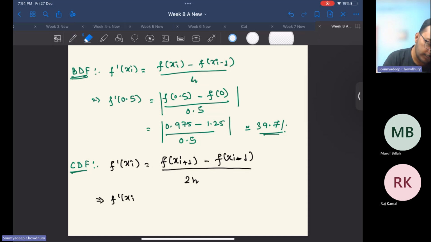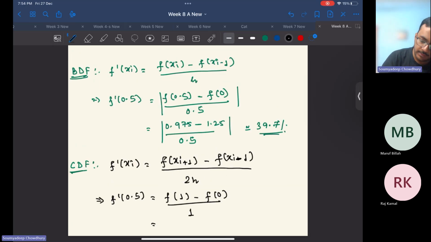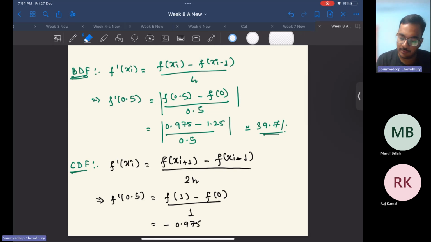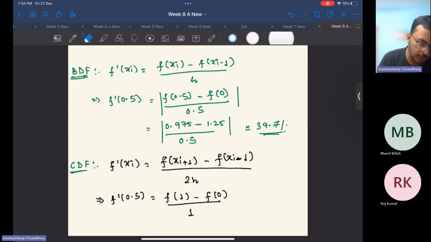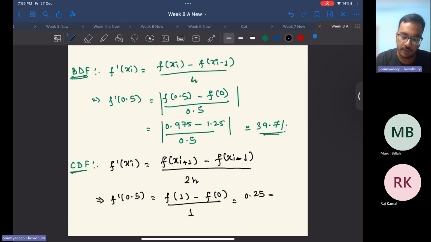So your f dash of 0.5 is f of 1 minus f of 0 upon 2 into 0.5, which is 1. f of 1 is 0.25 minus f of 0, that is minus 1.25, upon 1, means this is minus 1.